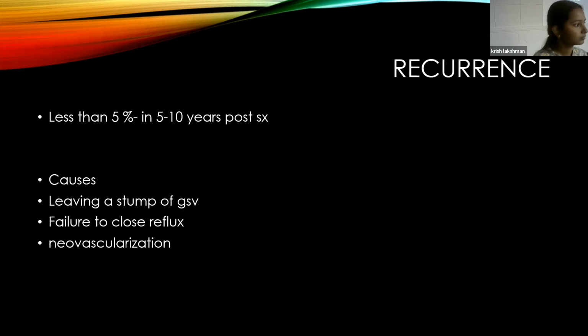Why do you strip? Can't you just ligate and leave it? Post-operatively, the patient would have the same deformity cosmetically. Basically the dilated, tortuous varicose veins will remain, so you have an unimproved cosmetic result.